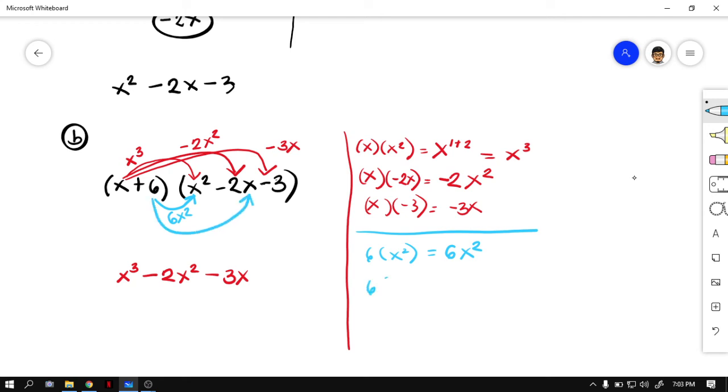So, you have 6 times negative 2x. Positive times negative is negative. 6 times 2, that is 12. And 6 doesn't have a variable. So, x lang yun. Minus 12x.